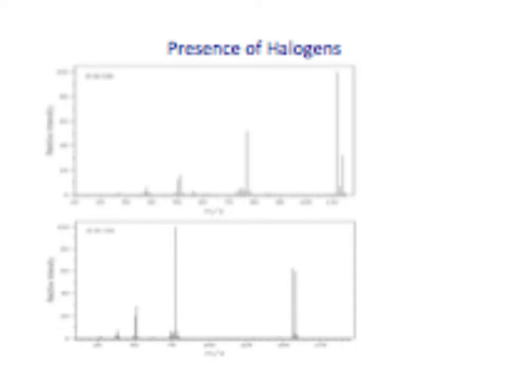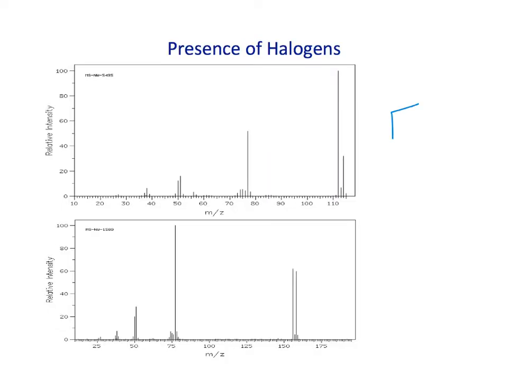These two spectra are related in that they're both structures with a halogen attached to a benzene ring. The top one is chlorobenzene, the bottom one is bromobenzene. Of course, the scales are different.